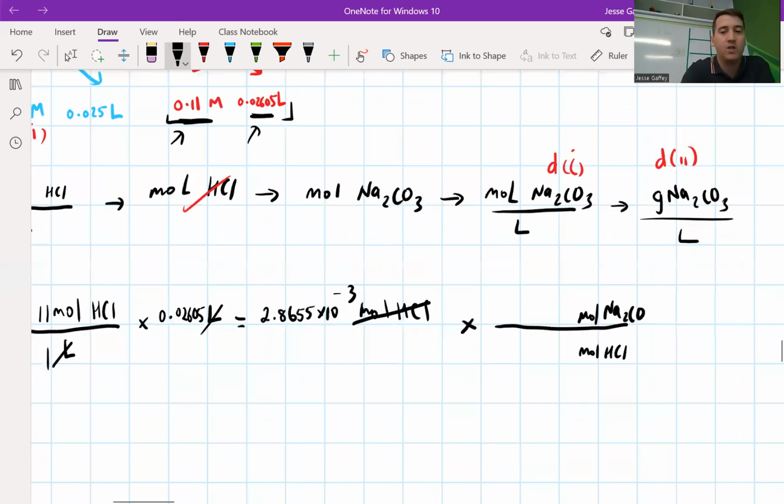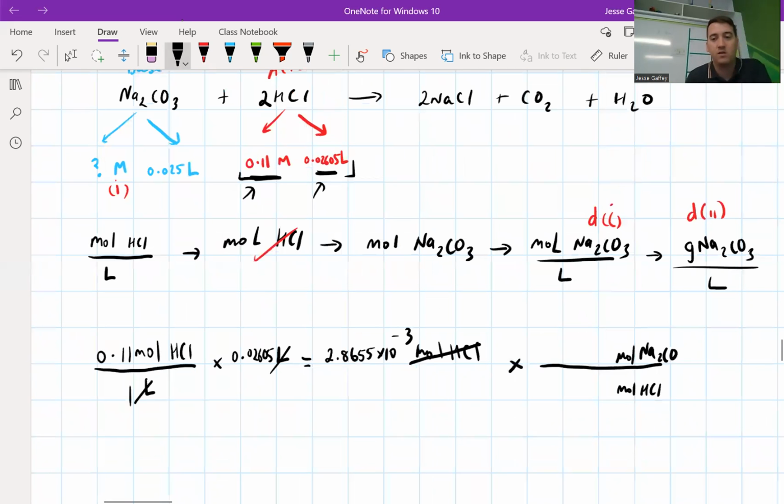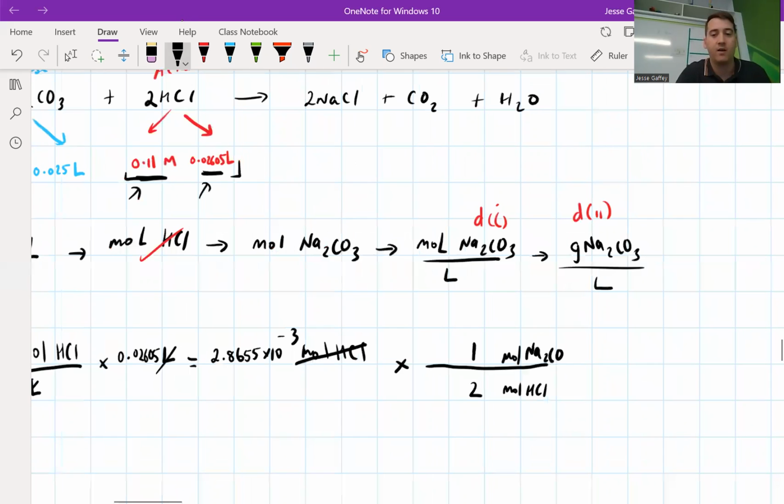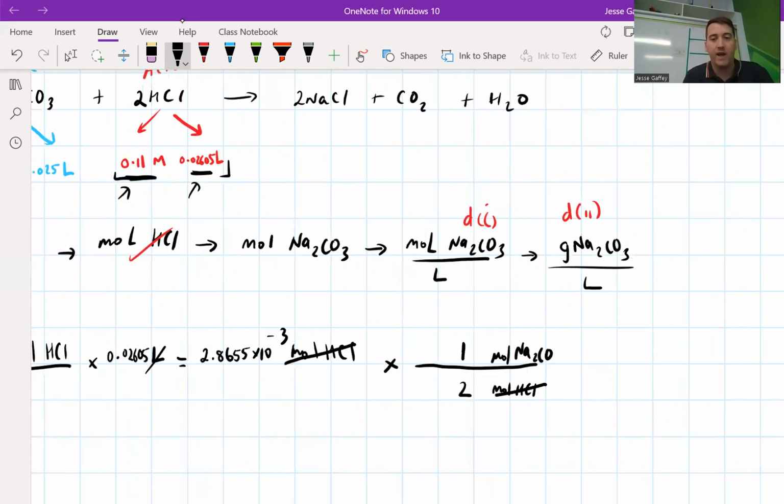From your balanced equation, what are those numbers? Pause your video and write them down. Okay, what you should have done is one of these for every two of these. So pause your video now and do this calculation to find out how many moles of Na2CO3 will be left.